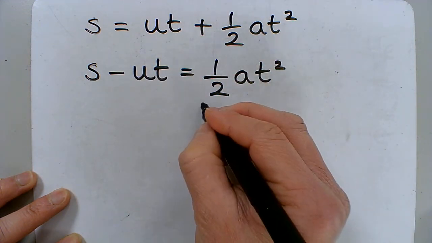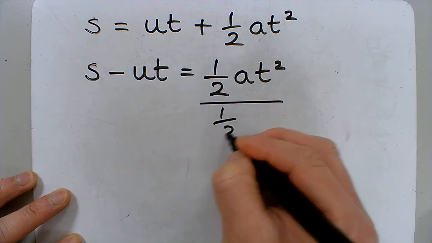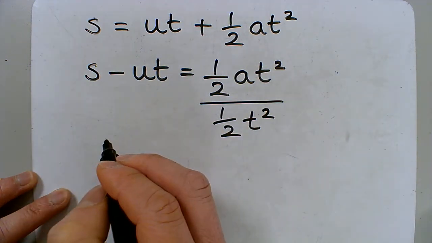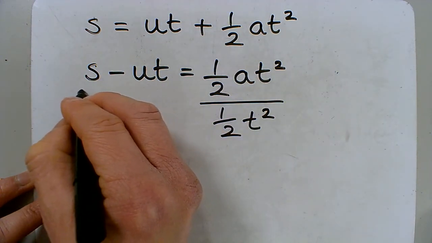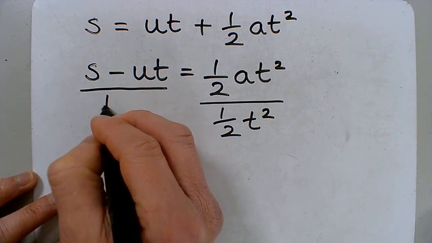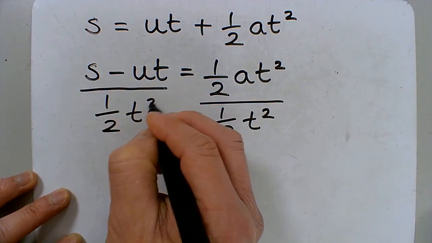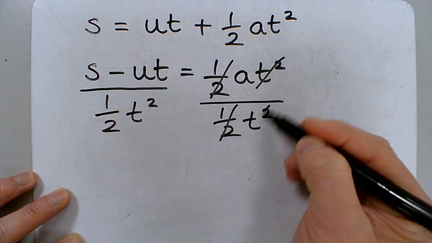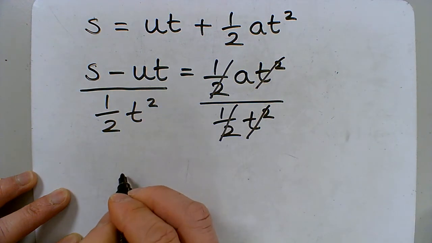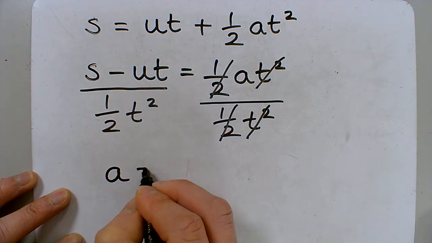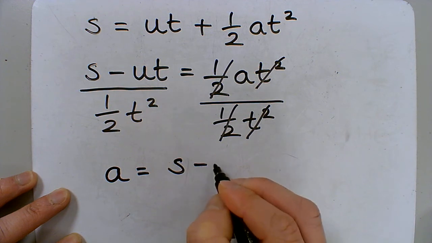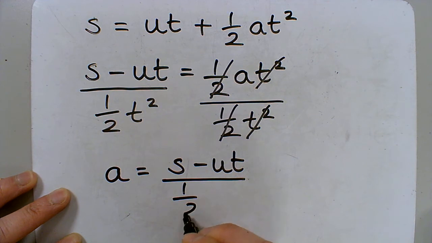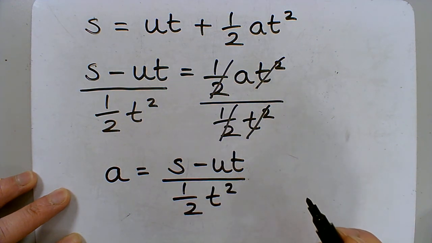So we divide by half t squared. The halves cancel out on this side, the t squareds cancel out on this side, and what we are left with, if we rewrite the equation, is A is equal to S minus ut divided by half t squared.